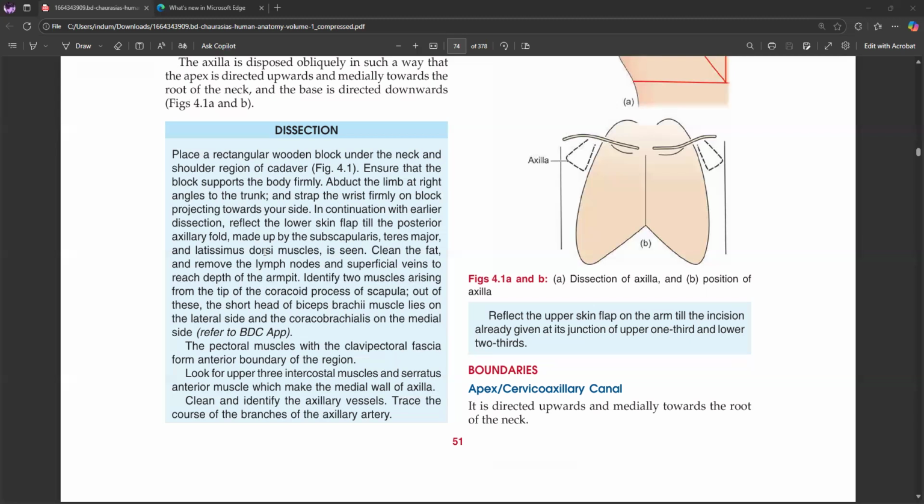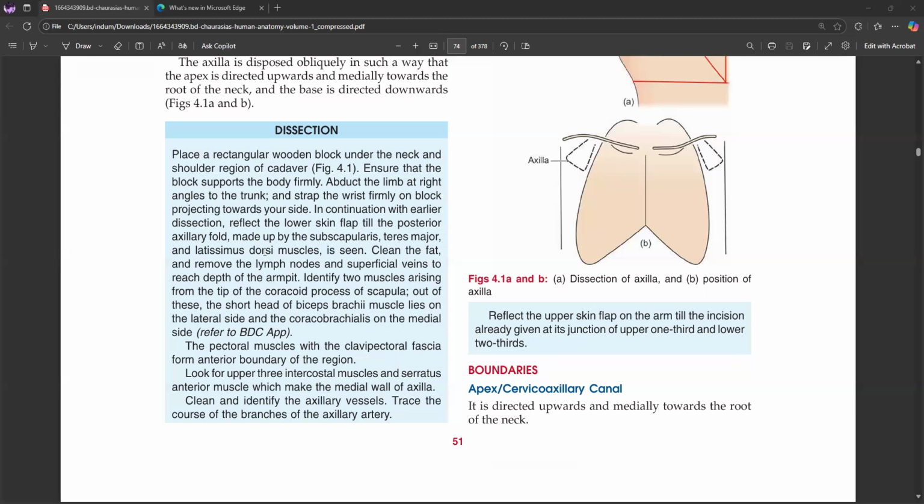Identify two muscles arising from the tip of the coracoid process of the scapula. Out of these, the short head of biceps brachii muscle lies on the lateral side and the coracobrachialis on the medial side. The pectoral muscles with the clavipectoral fascia form the anterior boundary of the region. Look for the upper three intercostal muscles and serratus anterior muscle, which make the medial wall of the axilla.